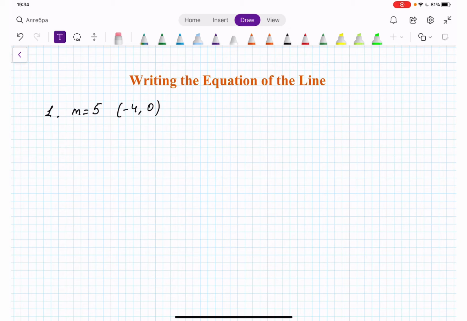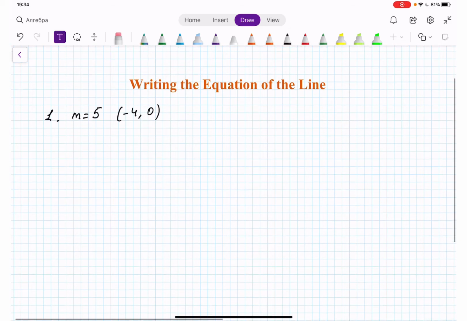Our slope-intercept equation is y is equal to mx plus b, right? So let's plug in. Our x is going to be -4 and y is going to be 0. So we need to find our b.